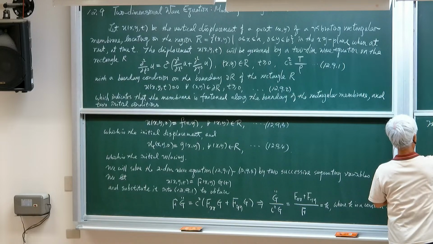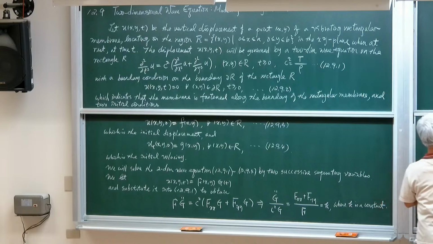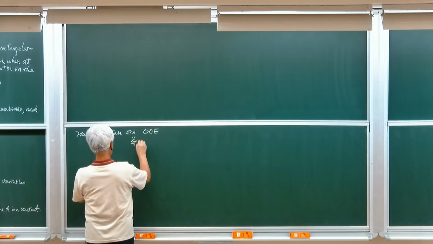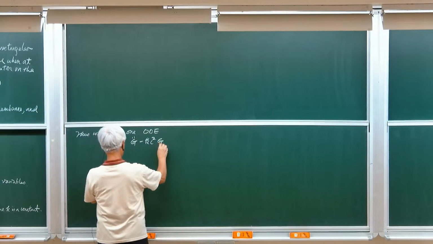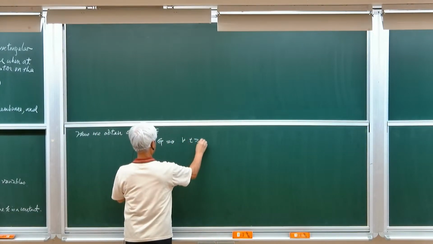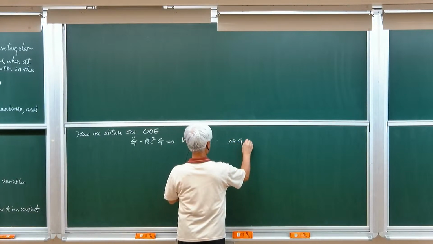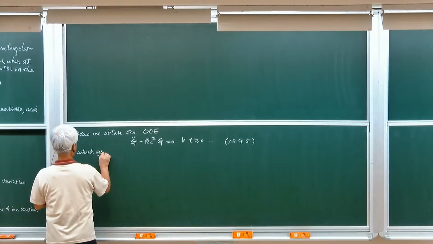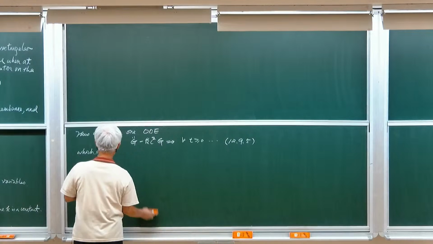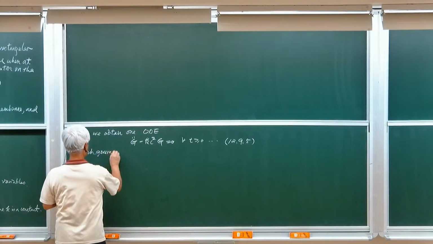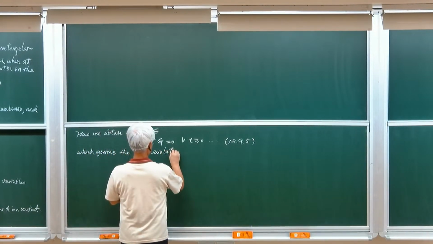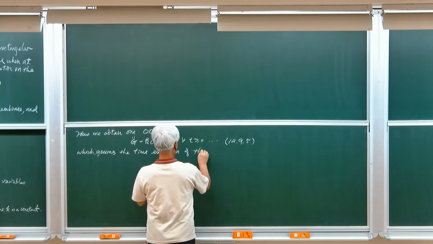Alright, and so we obtain one ODE, g double dot minus k c squared g equals 0 for all t greater than or equal to 0, which governs the time evolution of the displacement.